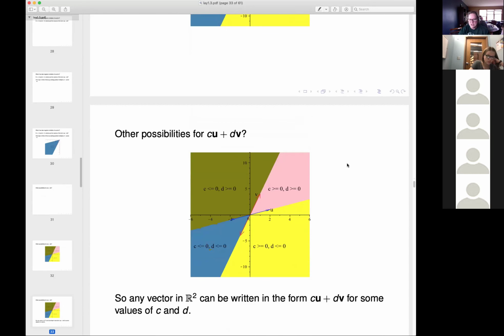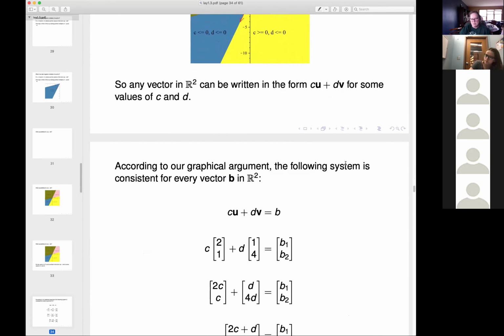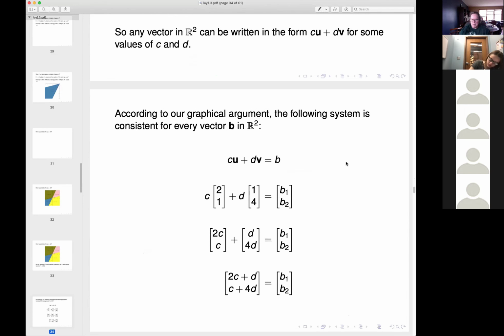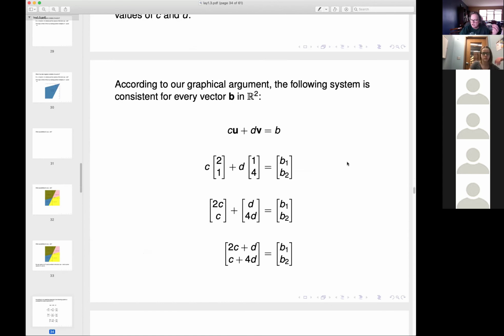All right. So that concept is important because it's a new term. It means that these two vectors, u and v, span R2.